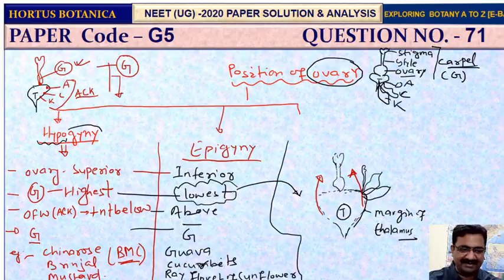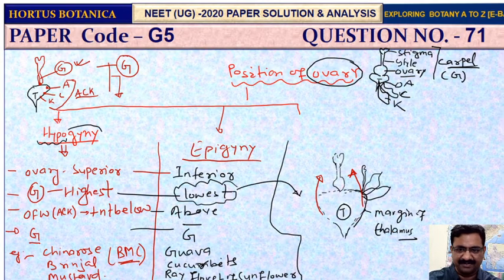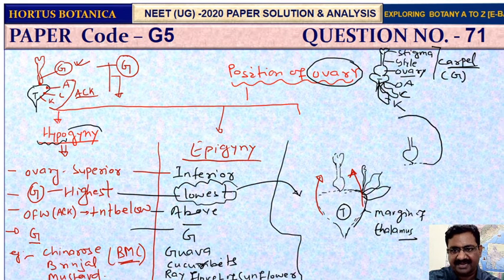So see what happened. Due to this upward movement, this was the position of the gynoecium, fine. But now the margin grows upward and encloses this very gynoecium completely.